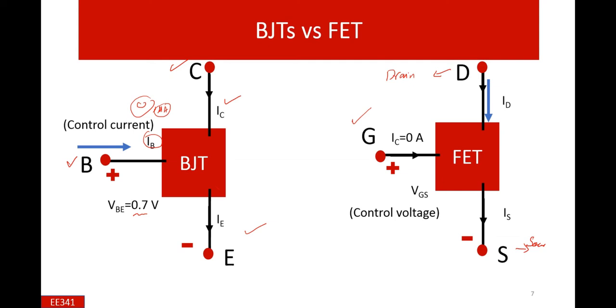In a BJT, the contribution to current is due to both holes and electrons, whereas the contribution to current ID or IS is due only to electrons or only to holes.